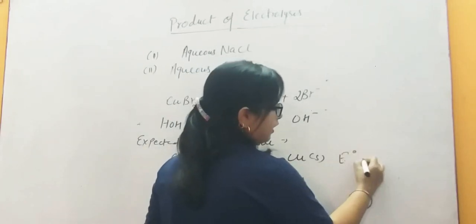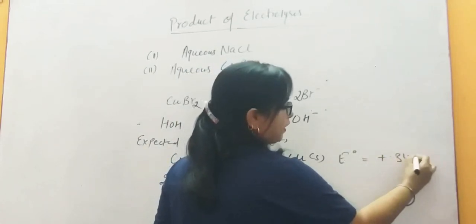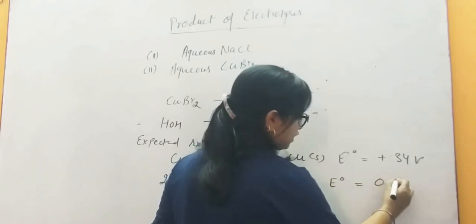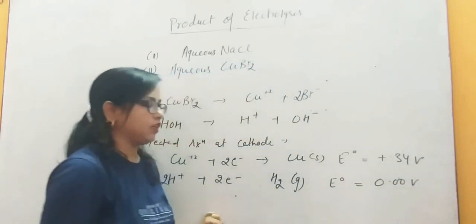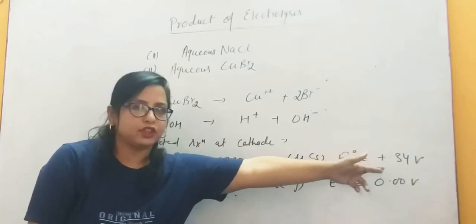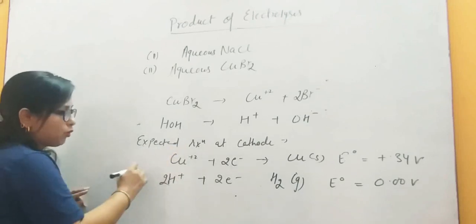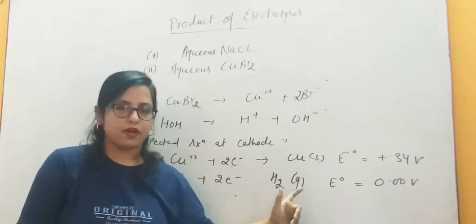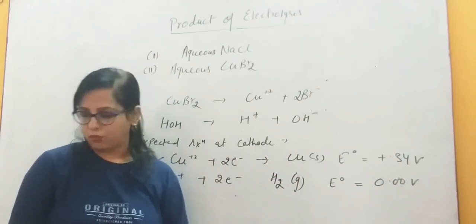Now I am writing the reduction potential values. For copper it is 0.34 volt, and for hydrogen it is 0 volt. Now which reaction has the higher value? The first reaction has the higher reduction potential value. That's why, of these two reactions, the first reaction, reduction of copper, takes place at the cathode.